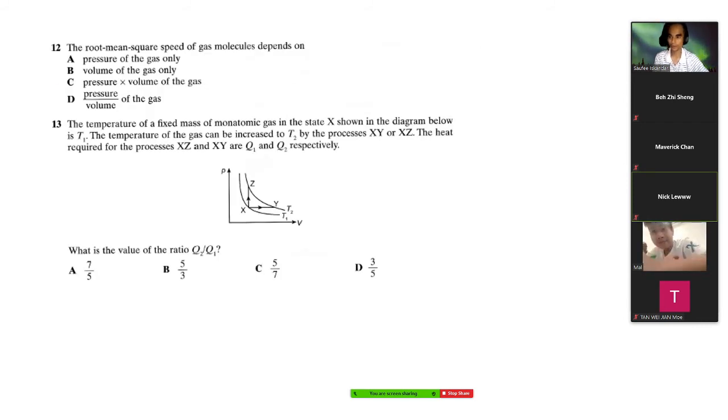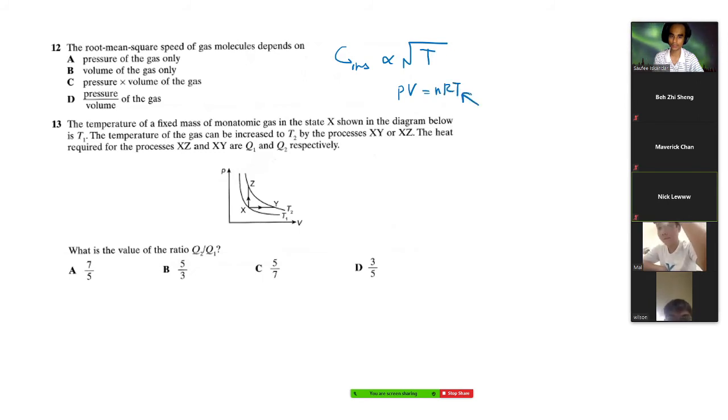Number 12. Root mean square speed of the gas depends on... So actually C, which is RMS, the root mean square of the gas, depends on the square root of temperature, and temperature, as you know, is related to PV equals nRT.